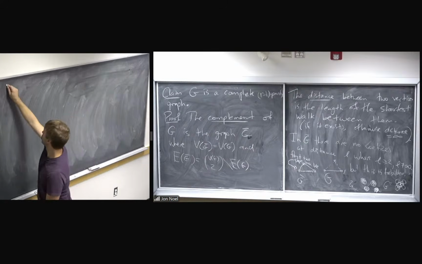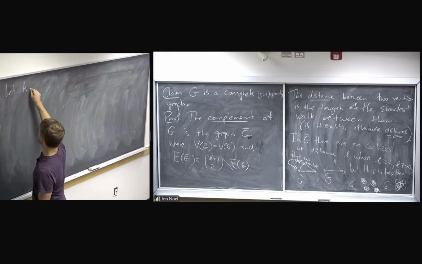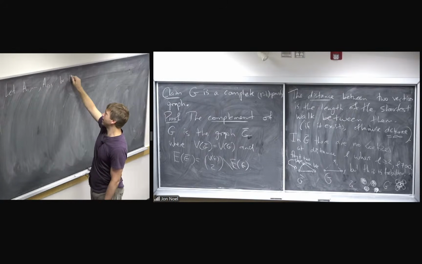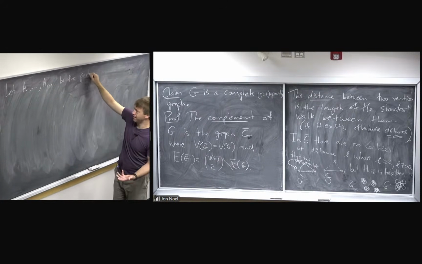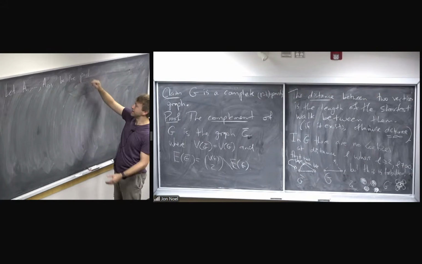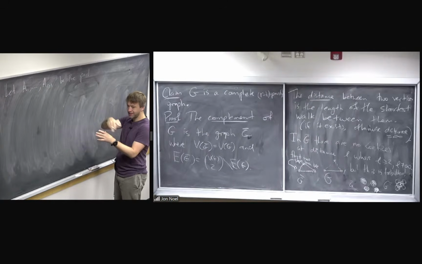So let's say A1 up to AR minus 1 be the parts. When I say parts, I mean these sets where all the edges are between the sets and none are inside the sets.